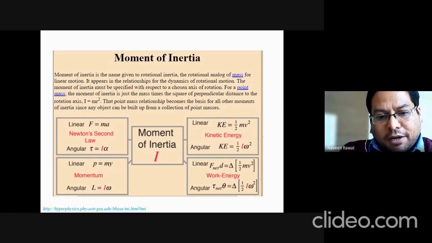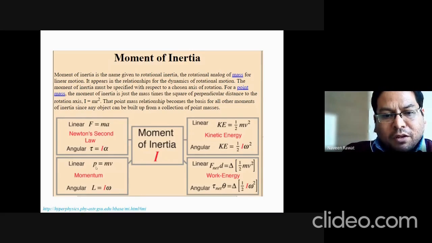Similarly, you have the relationship for momentum. When you are having linear motion, you have linear momentum, and that is given by p, which is the symbol for linear momentum, is equal to mass times velocity. And the one-to-one relationship with rotational motion is that the angular momentum will be moment of inertia times omega, and omega will be the angular velocity.